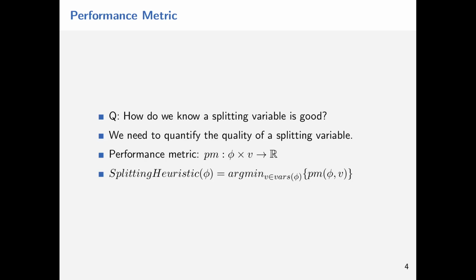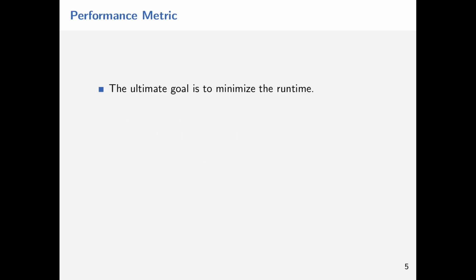In terms of the performance metric, the splitting heuristic is just looking for a variable that minimizes the performance metric. The ultimate goal of the splitting heuristic, similar to any search heuristic, is to minimize the runtime. But we know from the literature that predicting the runtime of an algorithm on an input is a very challenging task, especially in the case of SAT solving.